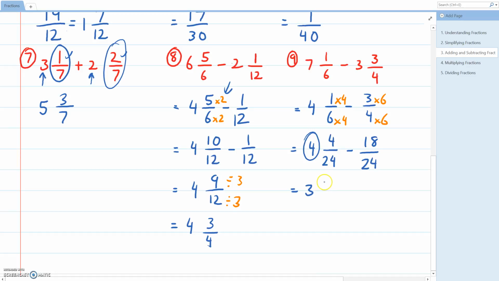So what I'm going to do here is actually write 28 over 24 minus 18 over, oops, sorry, 24 there.